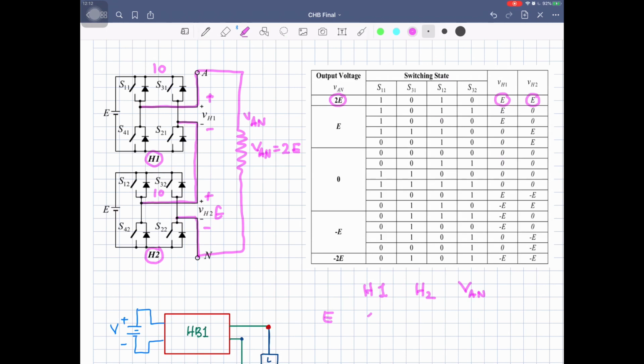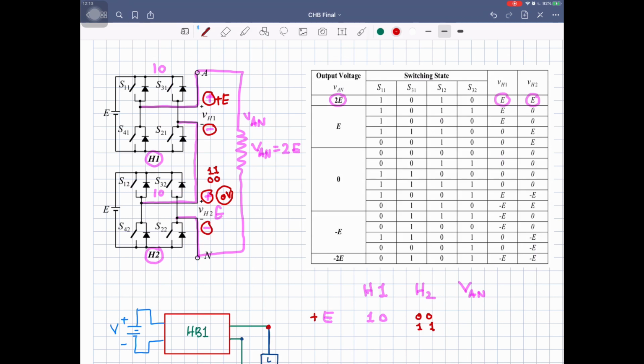In the first inverter, if I apply the switching state 1 0, it will give me output voltage equal to plus E. Now with that, if I put the second H bridge at the 0 0 state or 1 1 state, the output voltage from it will be 0 volt. So what will be our net output voltage? Because the polarity is plus minus, plus minus, the output will be plus E. So I will get plus E volt.